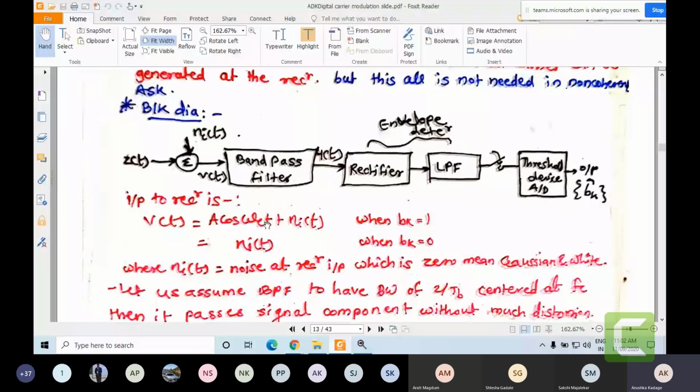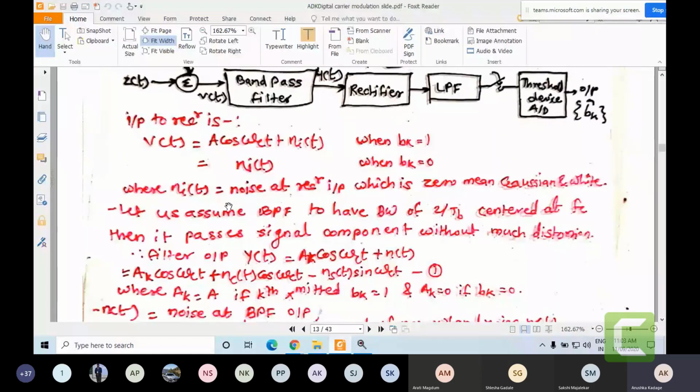But when Bk is equal to 0, S1(t) signal is present in the output, and S1(t) we have considered as 0, and that's why here v(t) will become equal to only ni(t) when Bk value is 0. Where now this ni(t) is nothing but the noise component in the received signal, which is a zero mean Gaussian white noise.